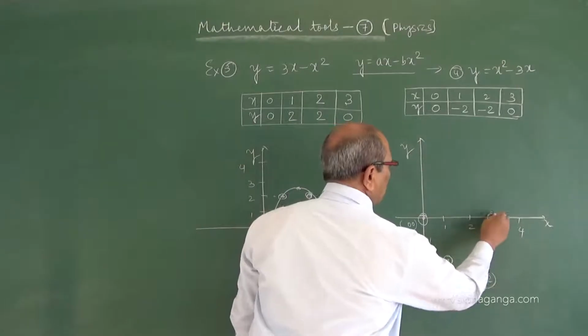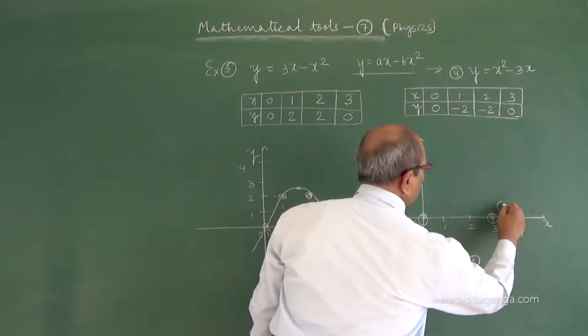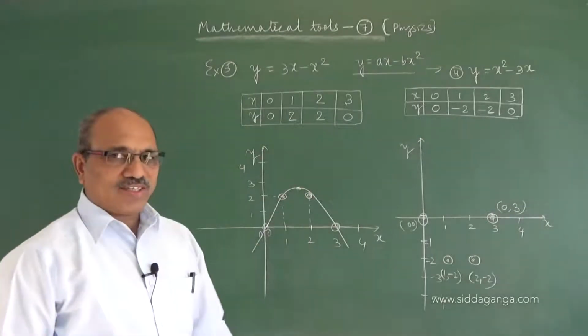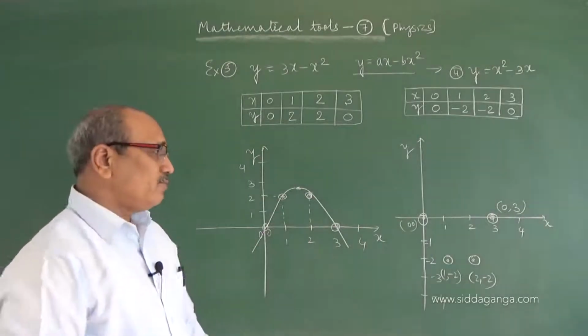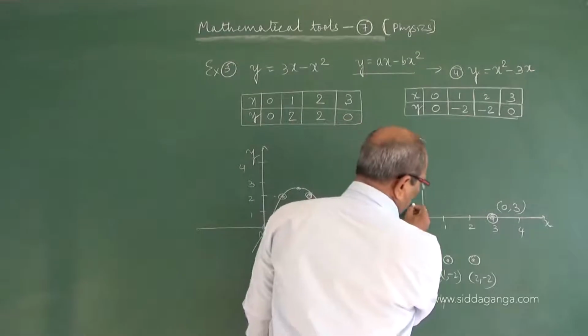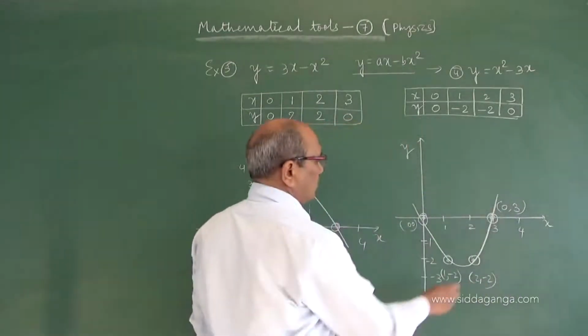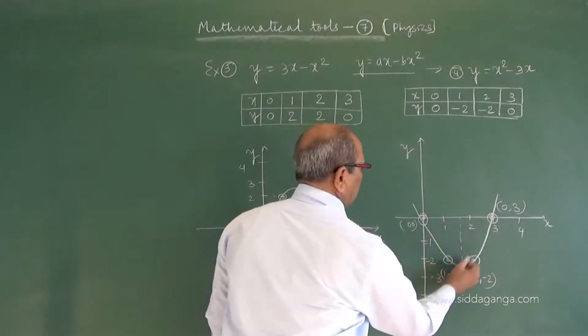Again x is 3, y is 0. Now the reversal of the curve you see, as we have seen in the previous cases. So now the curve will be like this. The vertex may be somewhere at this point.